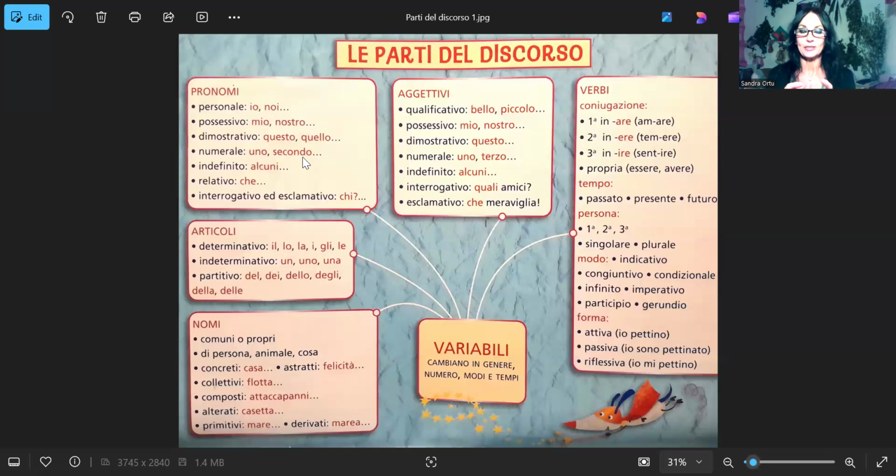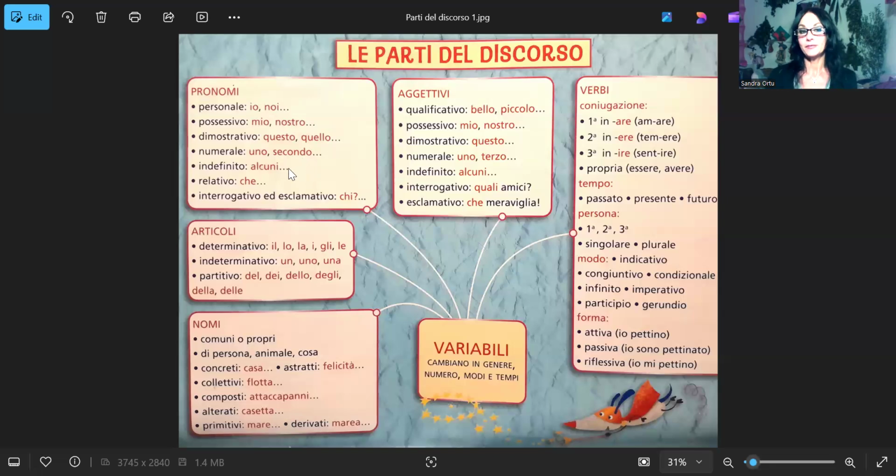If it's masculine, it would be primo. If it's feminine, it would be prima. We don't actually need a context for that. If you have a group, for example, and you want to say the first ones, you do the same as in English. The first ones would be primi if it's masculine, or prime if it's feminine.